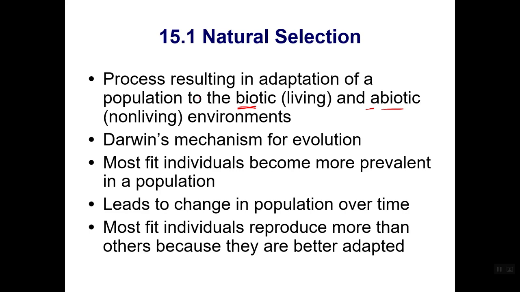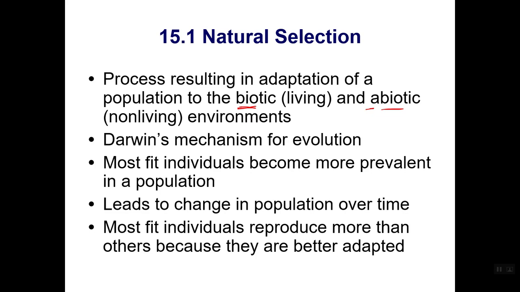Some living or biotic factors could be the interactions of predator and prey or other living things in the environment surrounding a population. The non-living things could be mountain ranges or climate or weather or the grasslands, etc. It's the non-living aspects of a population's environment.